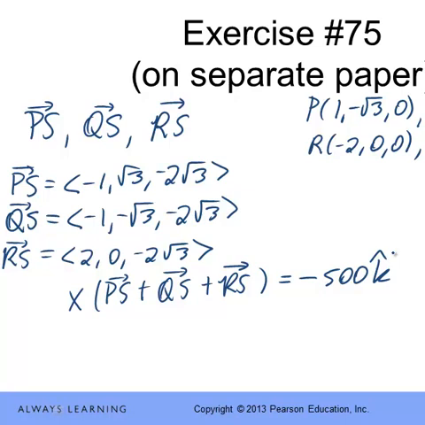All right, so you add up the three vectors together, component by component. For the x components, you have -1 plus -1 plus 2, which is 0. So you had 0 i hat plus, and now for the y component, √3 minus √3 plus 0 equals 0, okay.